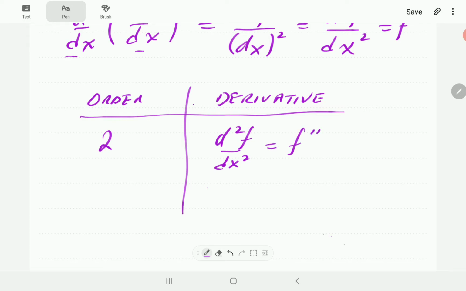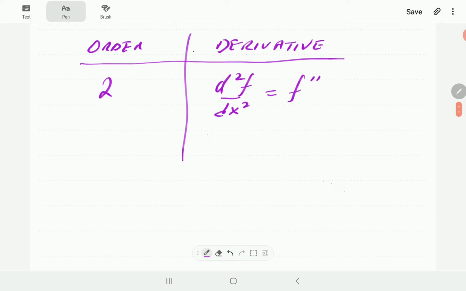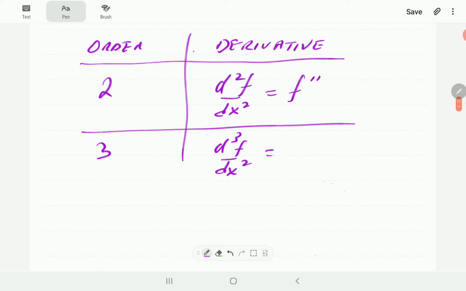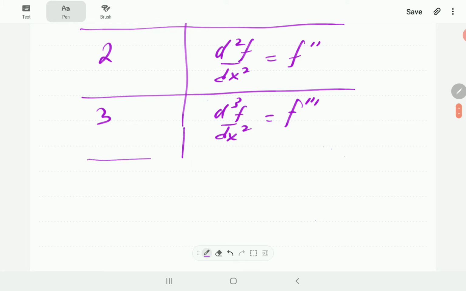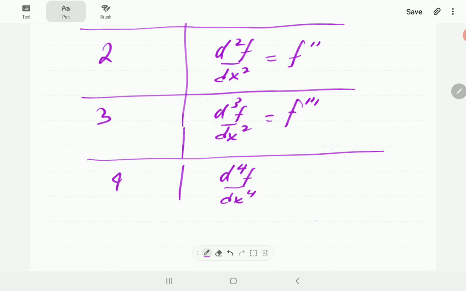This is the same as f double prime. For order 3, this is going to be d cubed f over dx cubed, f triple prime. For order 4, we're going to have d to the power 4 f over dx to the power 4.